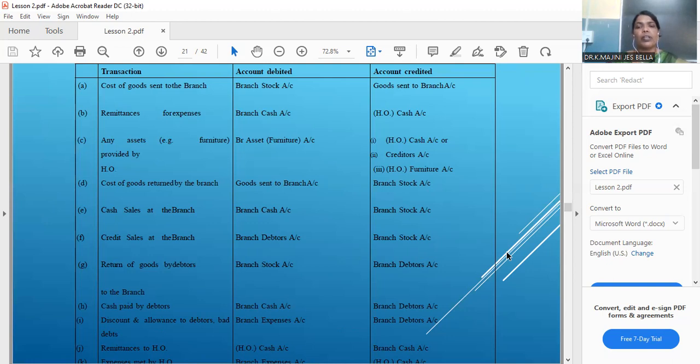Account credited, branch debtors account. Then discount and allowances to debtors, bad debts. Account debited, branch expenses account; account credited, branch debtors. Then remittances: account debited, head office cash account, but account credited, branch cash. Okay, then expenses paid by head office of the organization. Branch expenses account is debited, and head office cash is credited.